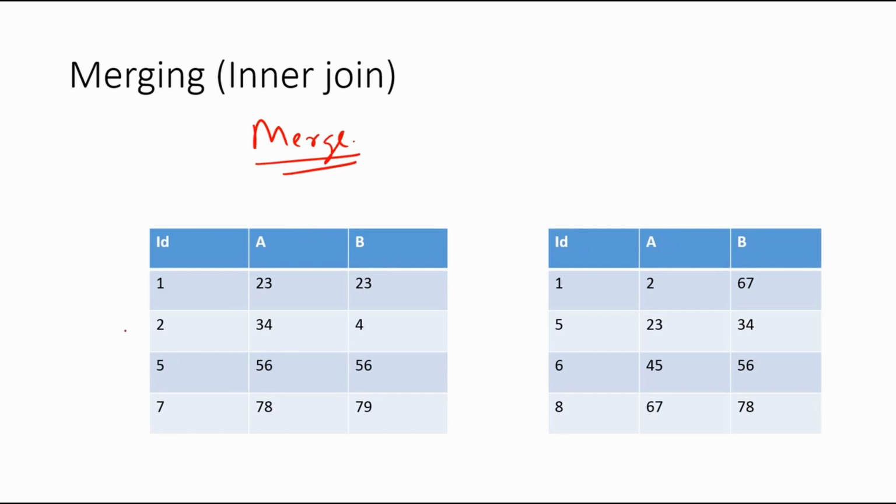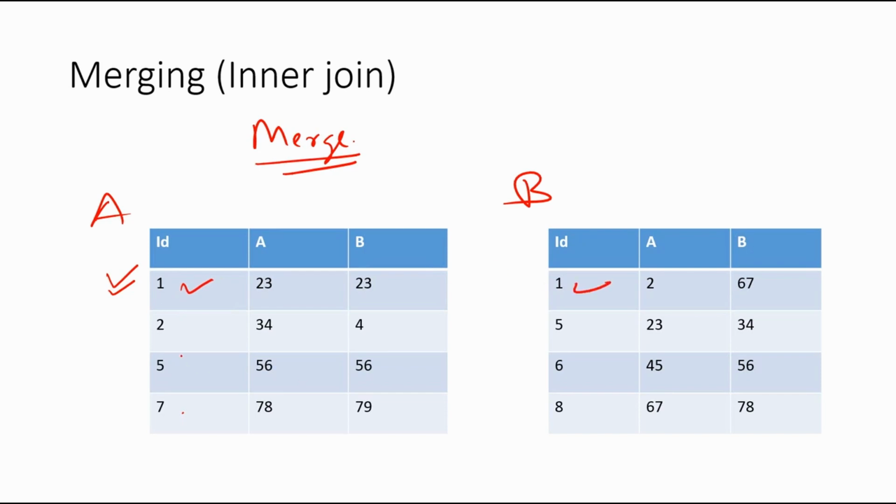For instance, you have been given an example, this is table A and this is table B. Now in table A we have IDs, which are unique, 1, 2, 5, 7. In table B we also have unique IDs, 1, 5, 6, 8. So the interviewer asks you that I want data only for the matching IDs. So how many matching IDs are there between A and B? We have ID equal to 1.